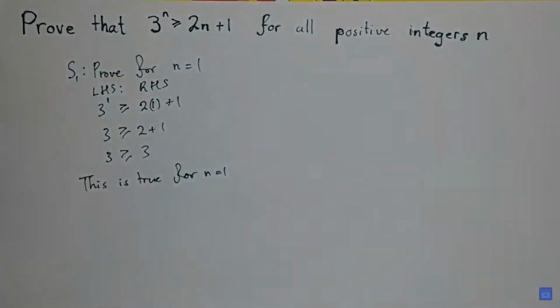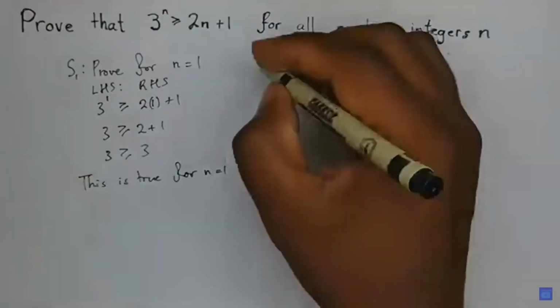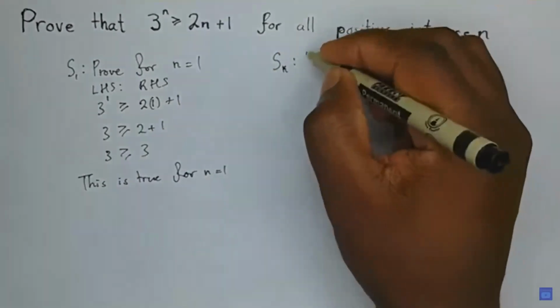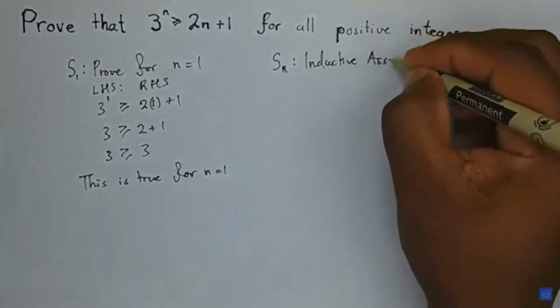Okay. So now we'll move on to the inductive assumption, or the hypothesis part, where we make an assumption by just replacing the value of n with k. So the inductive assumption, Sk.